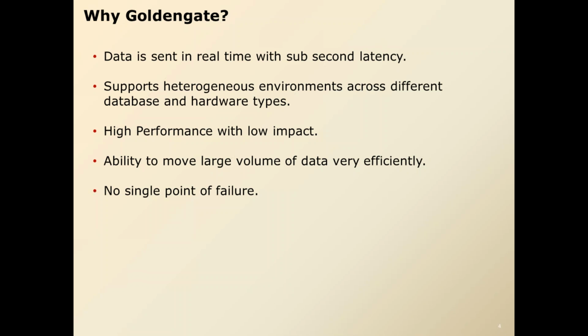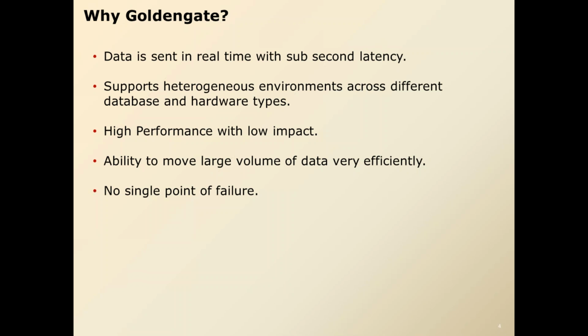Goldengate provides you high performance with low impact. The performance of Goldengate is very high, and the impact which it has on the source database is very low. Goldengate is a tool which is external to the database. Any tool which is external to the database may have some impact.